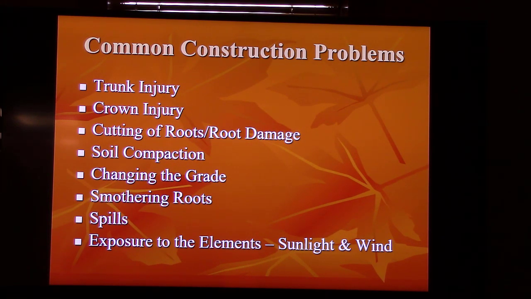They can have spills around it, whether it's cleaners, diesel, gasoline, paint, whatever. Herbicides, where they may be spraying herbicides to knock back some stuff and they spill the herbicide right there. And then exposure to the elements with sunlight and wind. I don't know if I have a slide for that particular thing, so I'll mention that now.